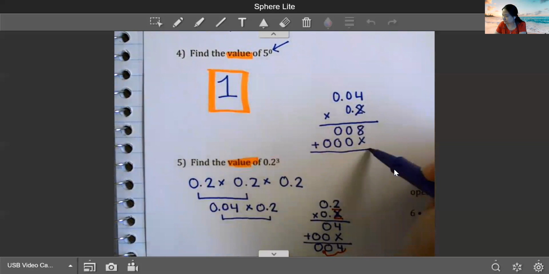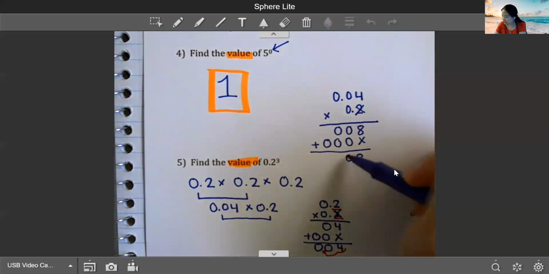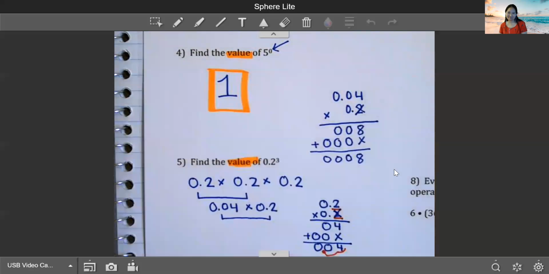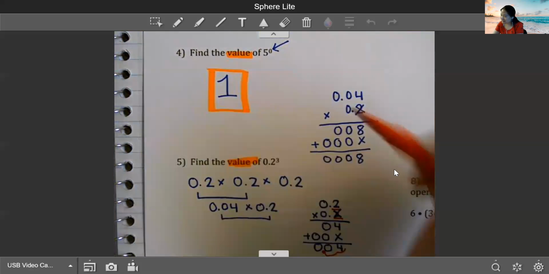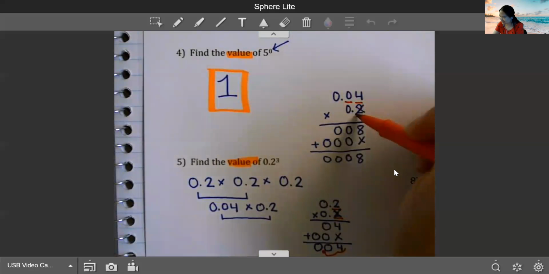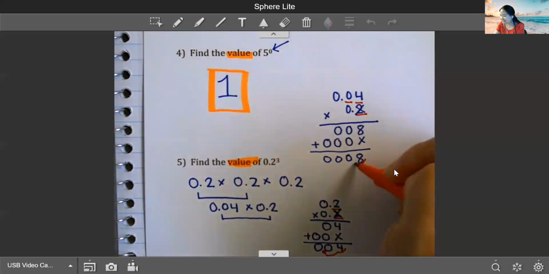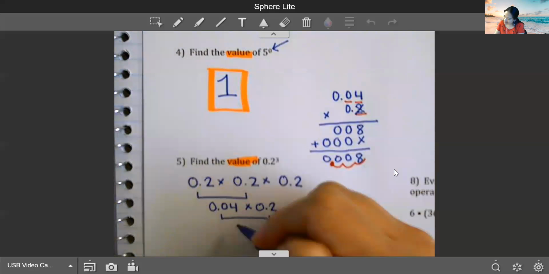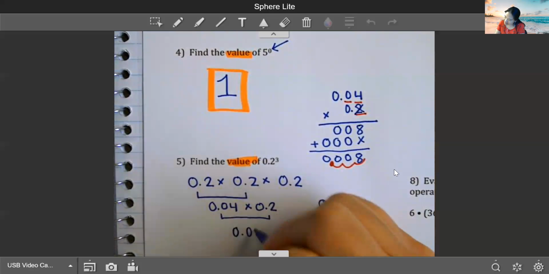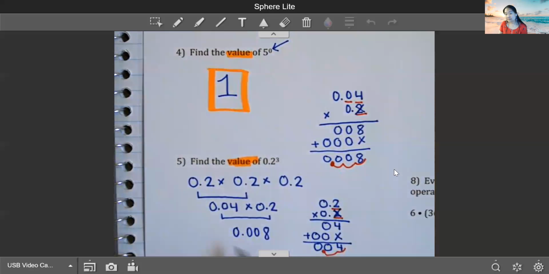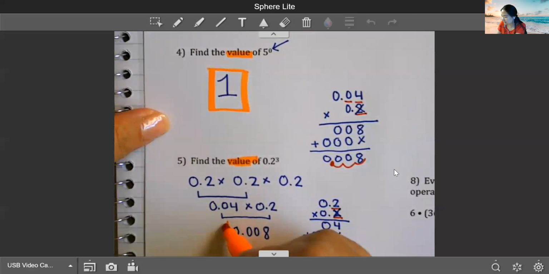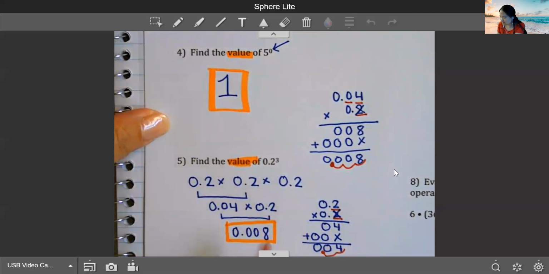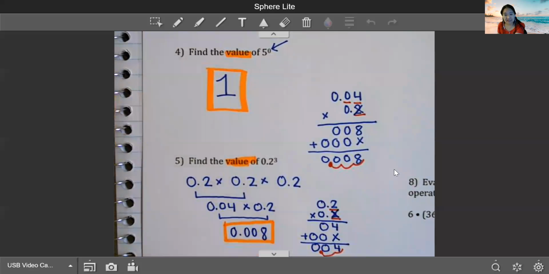Add them up. 8, 0, 0, 0. I have 3 decimal places, 1, 2, 3. Put the decimal point right there. So my answer is 0.008, which is 8 thousandths. Tenths, hundredths, thousandths.